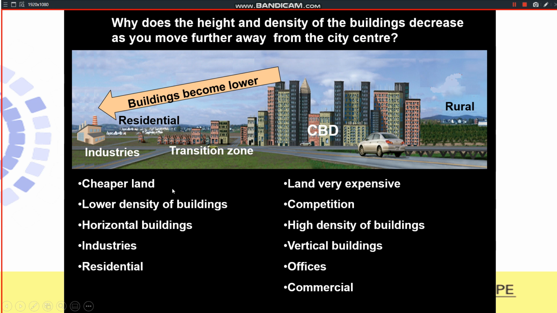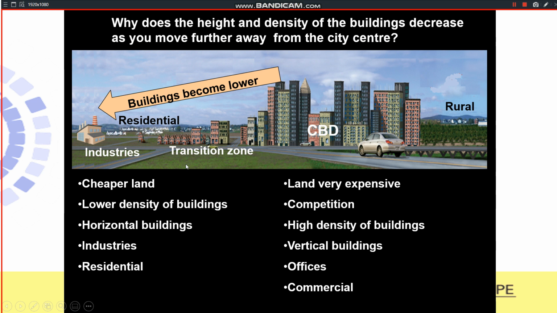Then, when we move to these areas over here, the land here becomes cheaper. There's a lower density of buildings, and most of the buildings here, because they're not so dense, are usually horizontal. And you'll find most industries here, and most houses or residential areas here.